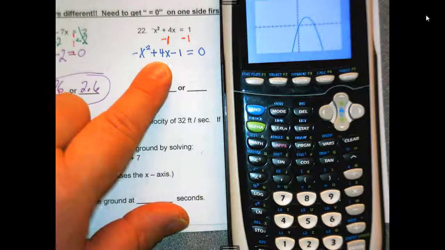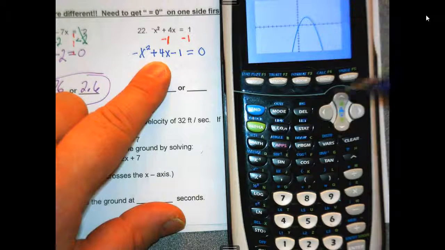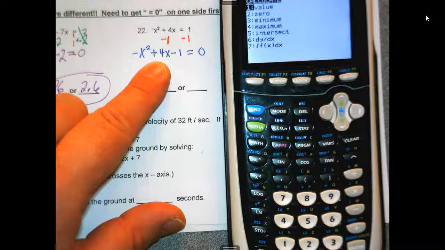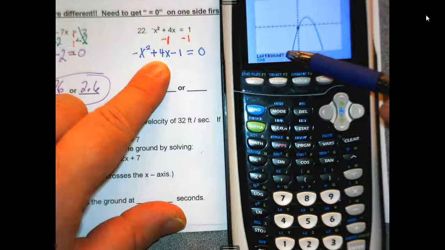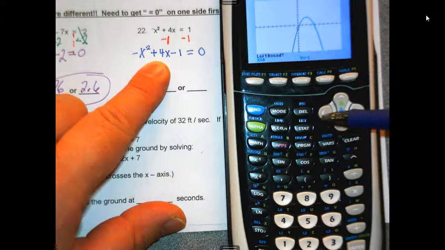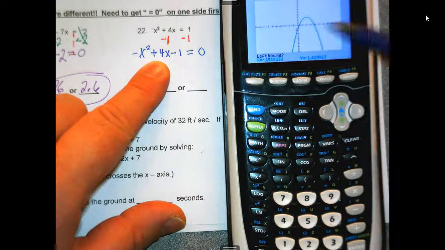So now we're going to try to get those x-intercepts. So hit second trace. Did you get this menu? Okay, got to go to 0 because we're looking for the zeros. Hit enter. Did you get a left bound here? Okay, so we got to be to the left of that point. Hit enter.